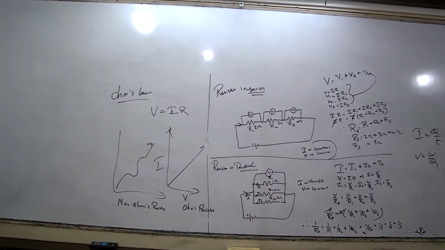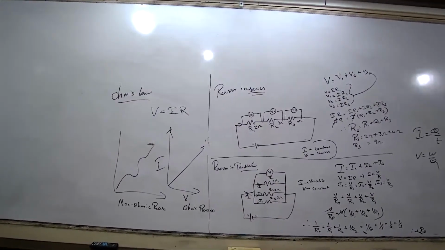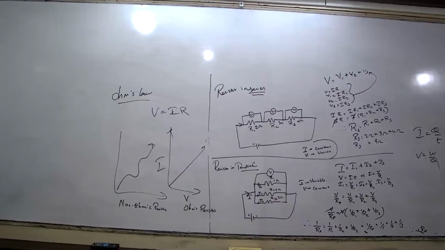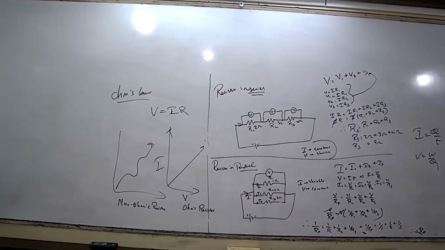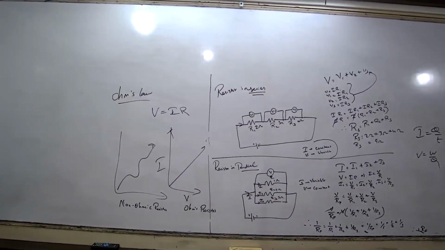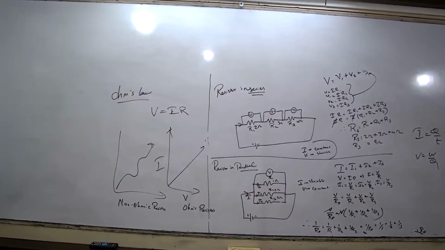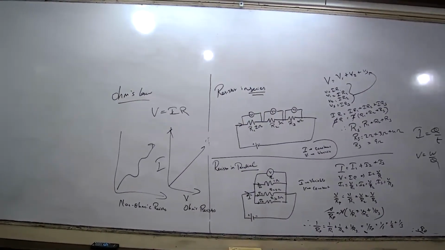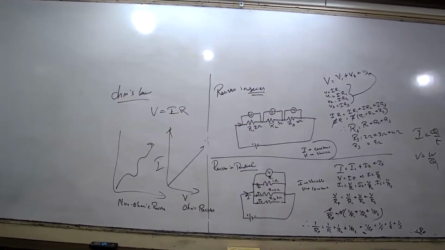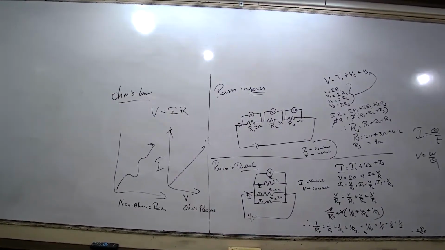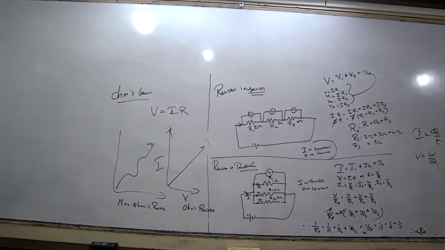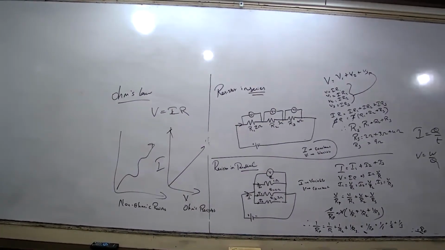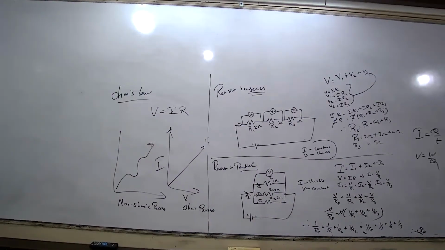If 3 bulbs are connected in parallel to the cell, the brightness of each bulb is: same as a single bulb, dimmer than a single bulb, unequal, or one glows and the others don't.